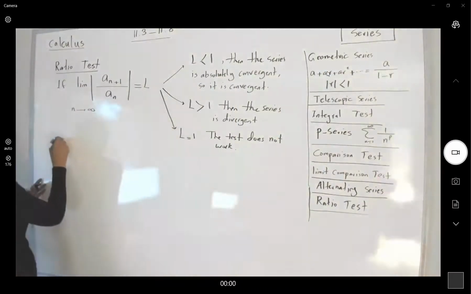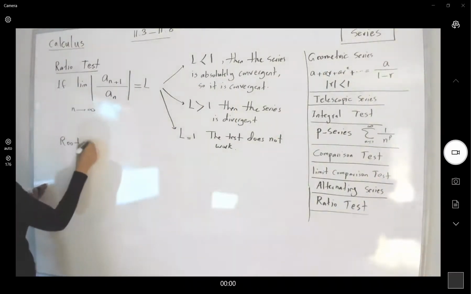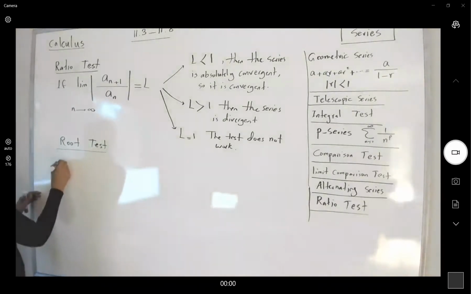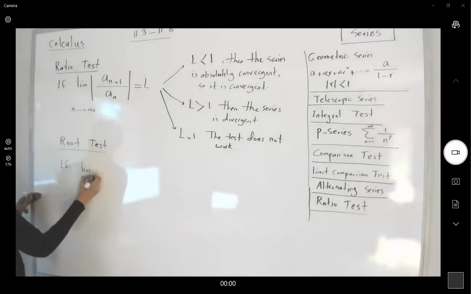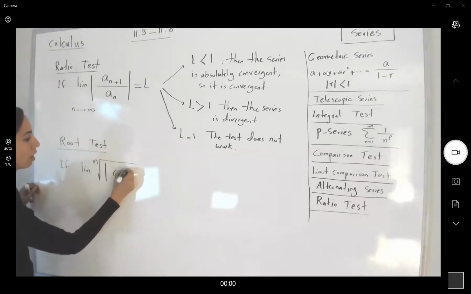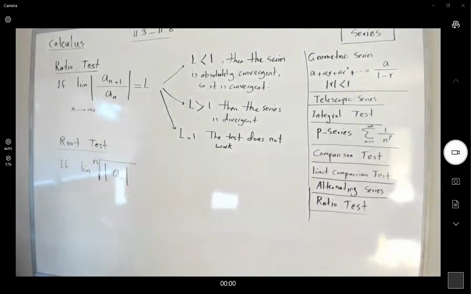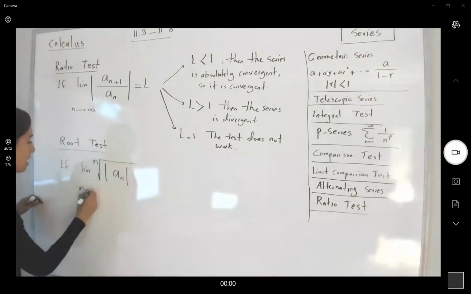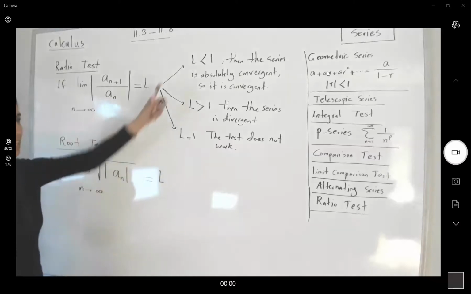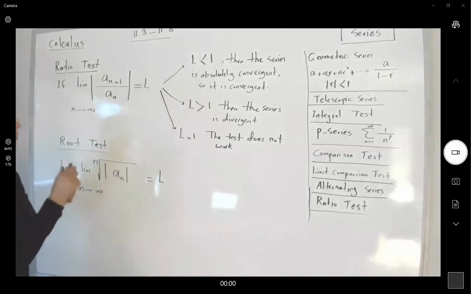You have a root test as well. Root test says if the limit of the nth root of absolute value of a sub n as n approaches infinity is equal to L, we have the exact same scenarios.